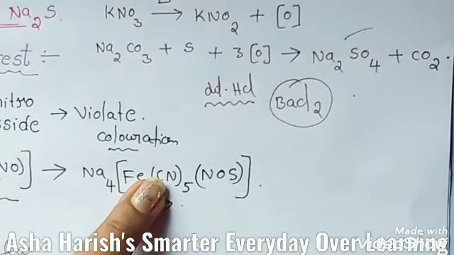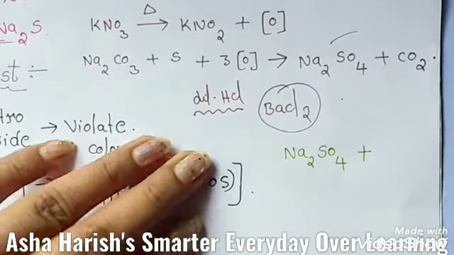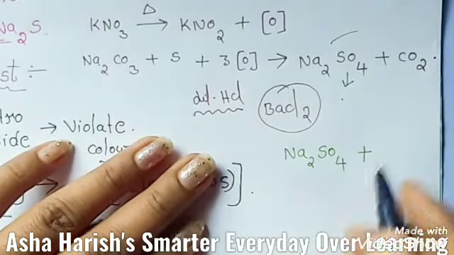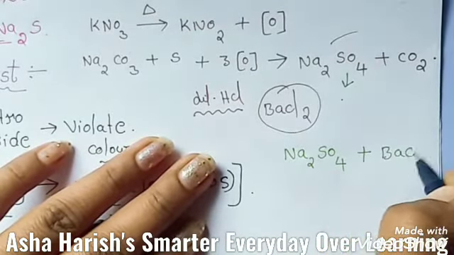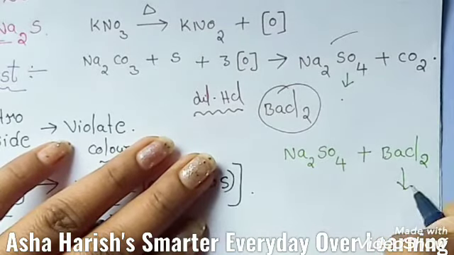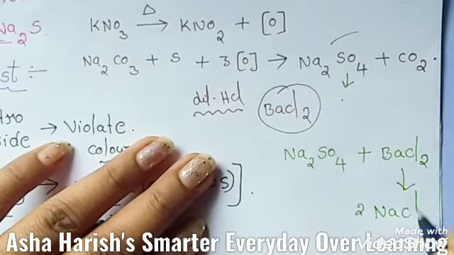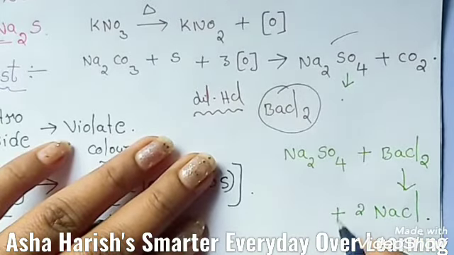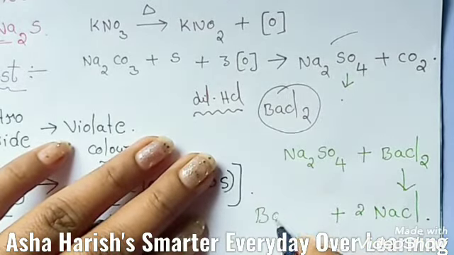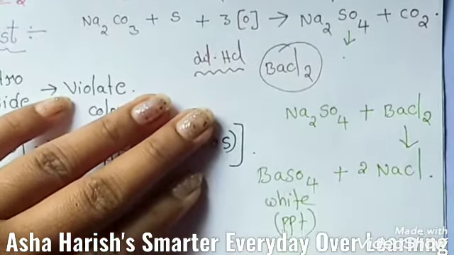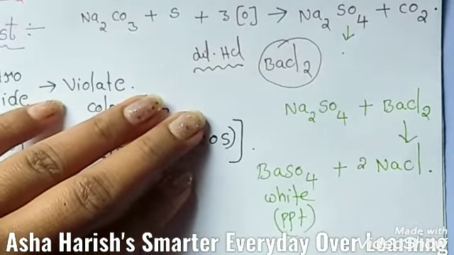Let's see the equation for this. To this filtrate Na2SO4, which is formed, if you add barium chloride, BaCl2, then NaCl, sodium chloride, will be formed along with barium sulfate. Barium sulfate is white colored, so this is known as the white precipitate.